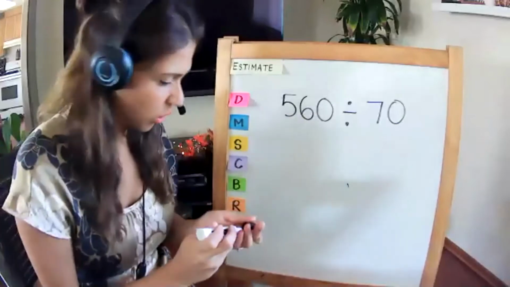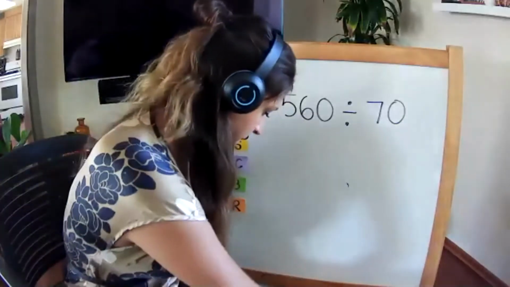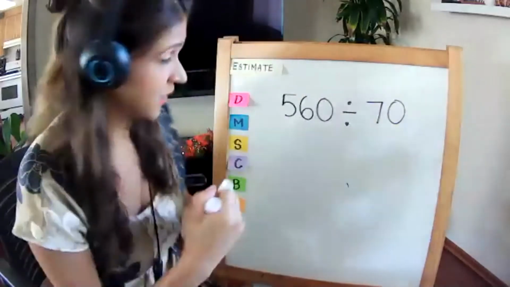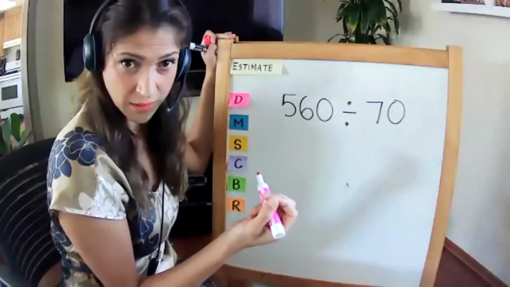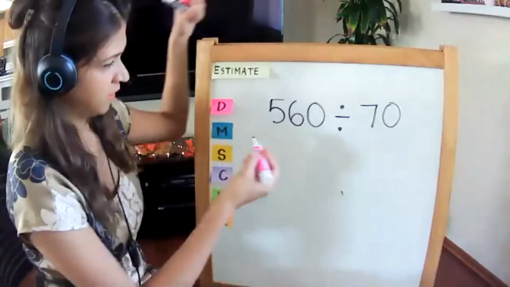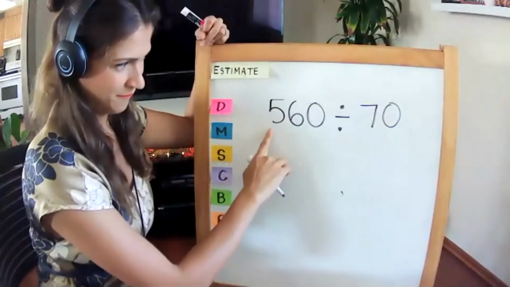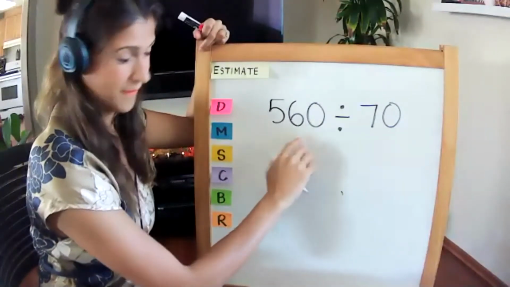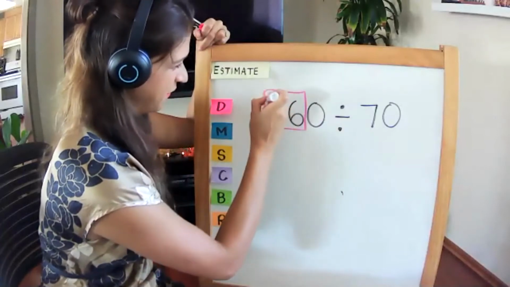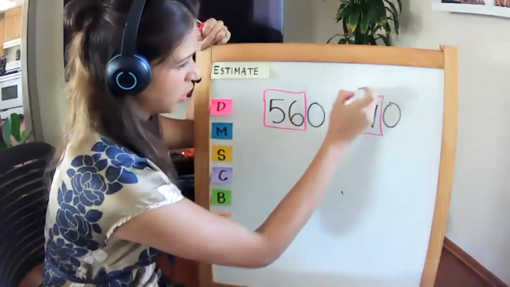First step, as always, box your basic facts. What are our basic facts here? 56 divided by 7. Don't worry about the zeros yet.